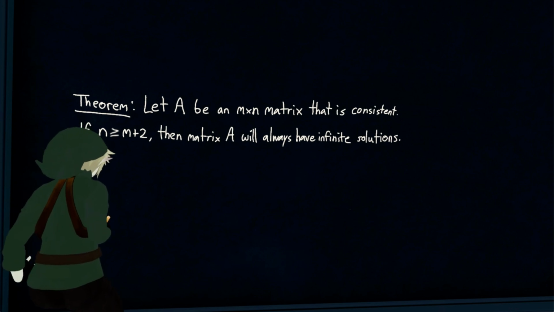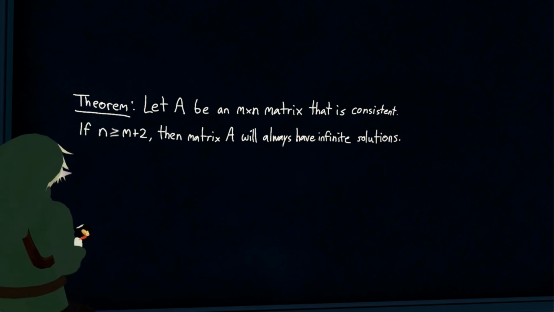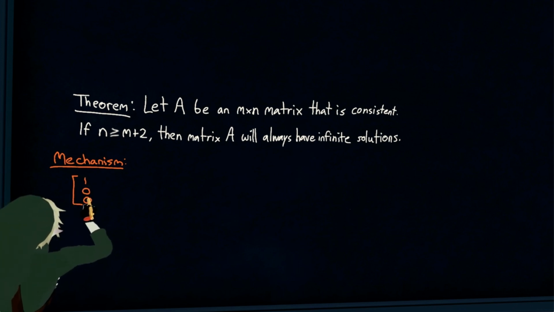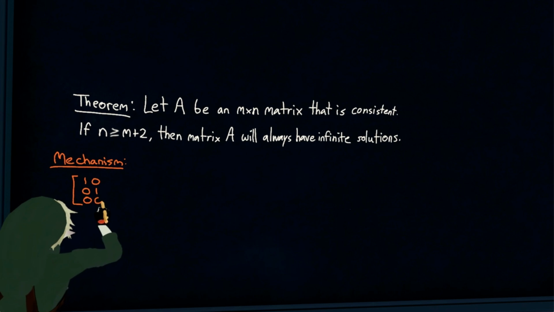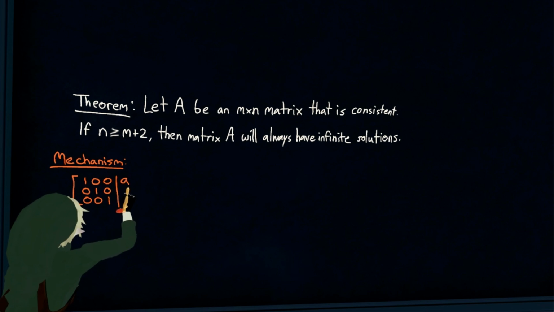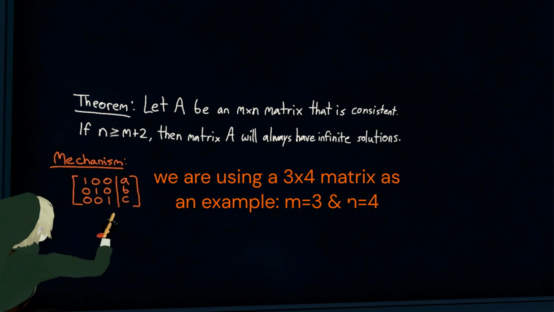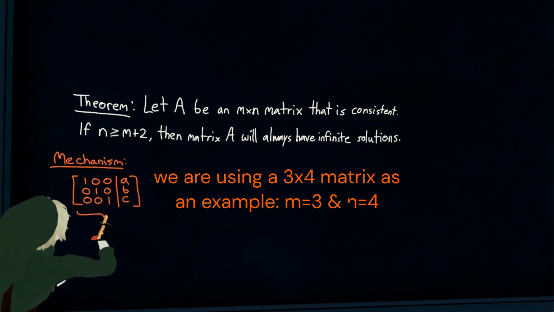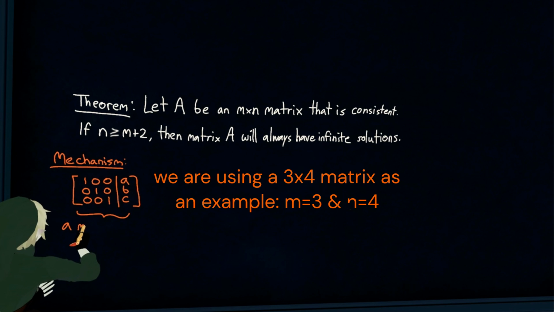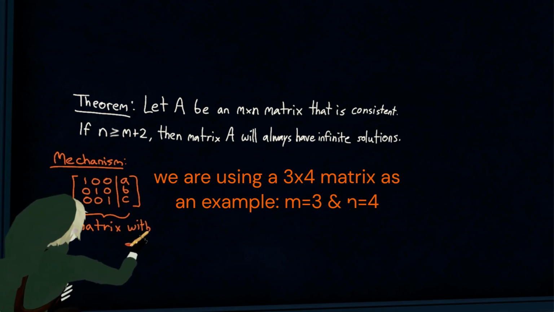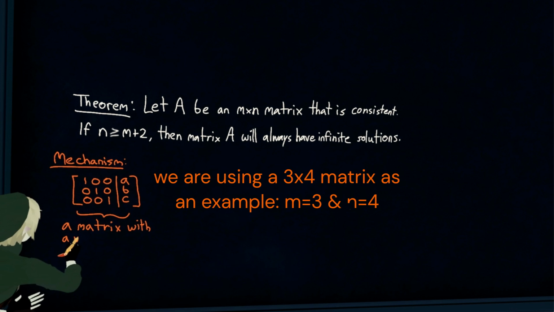So let's look at the mechanism here. When we have something so perfect like this, it means that we have a unique solution. So this is a matrix with a unique solution.